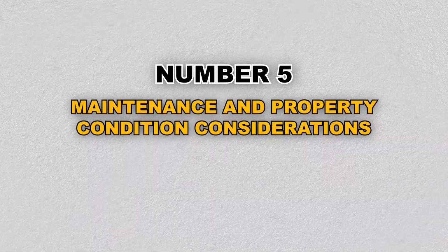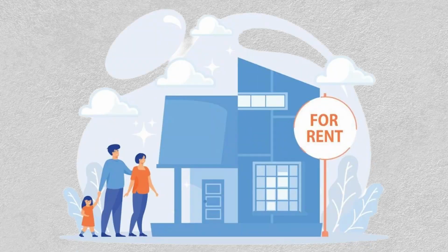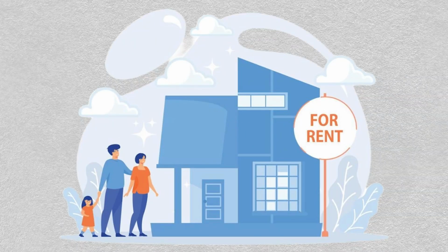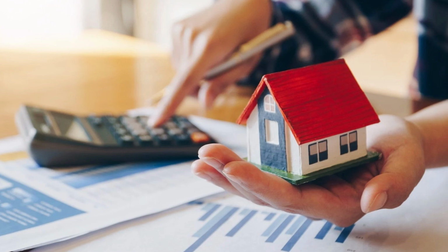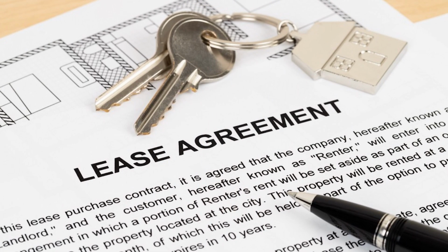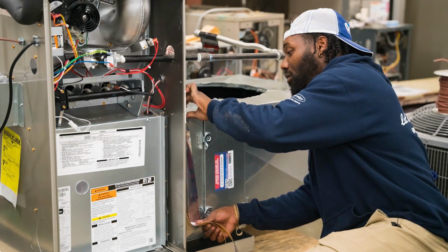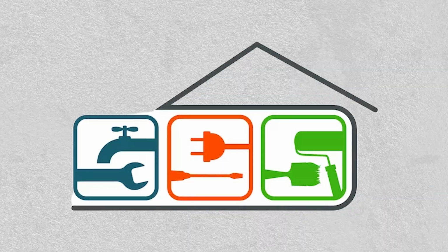Number 5. Maintenance and property condition considerations. Both short-term and long-term financial results are impacted by a rental property's physical state. Examining the property's upkeep requirements helps prevent unforeseen costs and guarantees that it will continue to be appealing to renters. Examination. Perform a comprehensive examination of the property's HVAC, plumbing, electrical, and roofing systems.